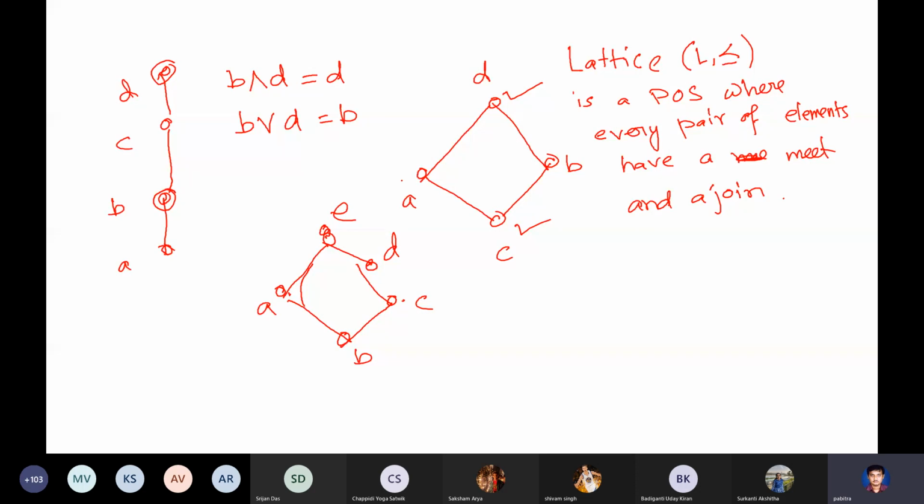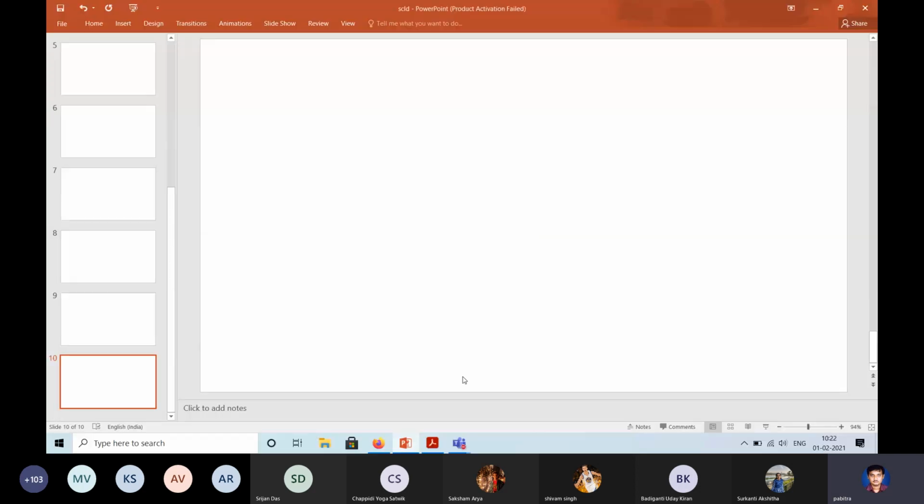Okay, so in these three examples, every pair of elements has a meet and a join. Every pair. So if that is so, then I call this partially ordered set a lattice. Okay, I have taken a long time for the recap, but anyway, let us come back to our slides.